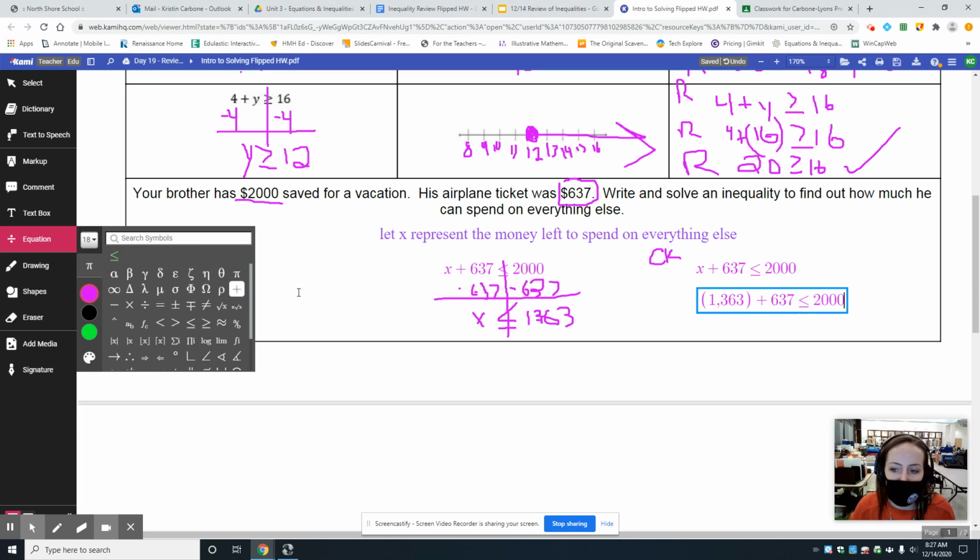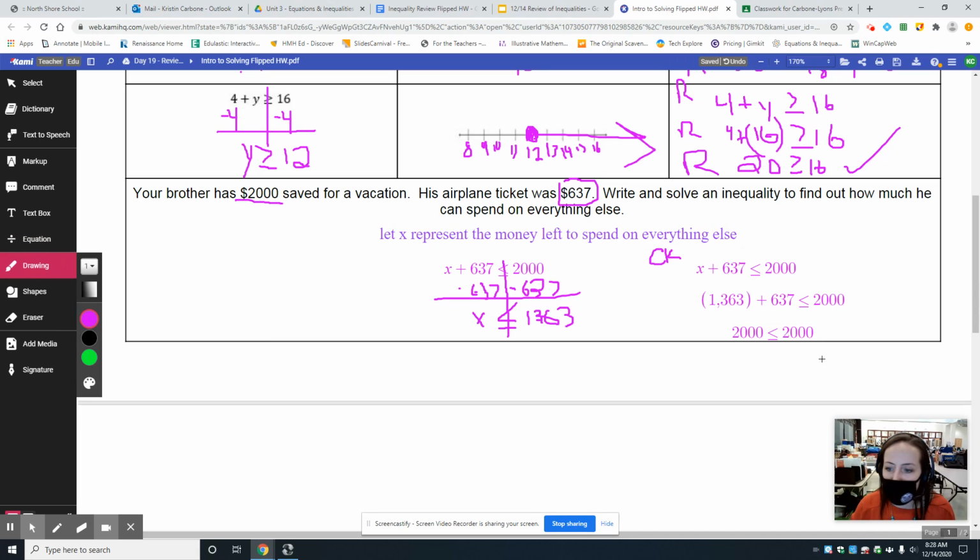We're going to add those two together, which gives us 2,000 is less than or equal to 2,000. We know this is true, and I plugged in 1,363 because of the equal to. If this weren't equal to, then you would substitute in any number that is less than 1,363.